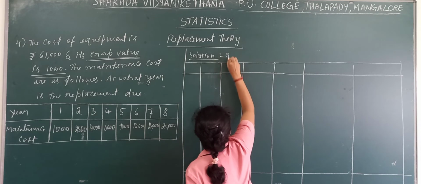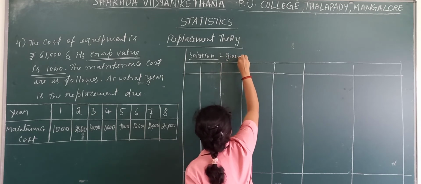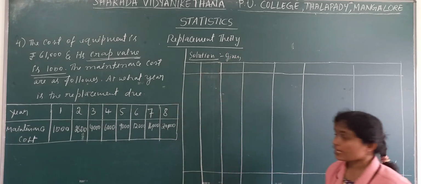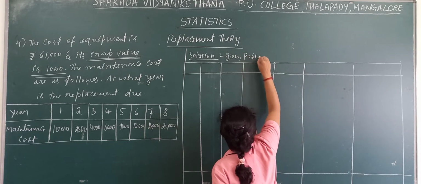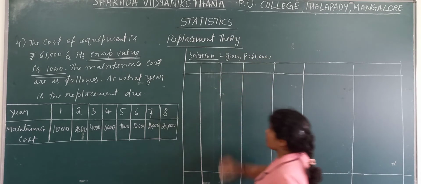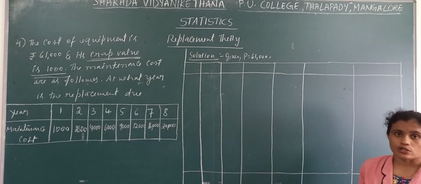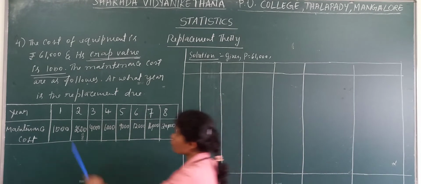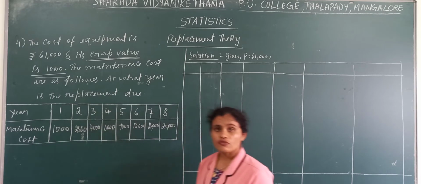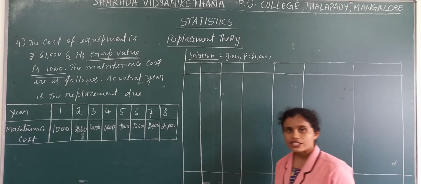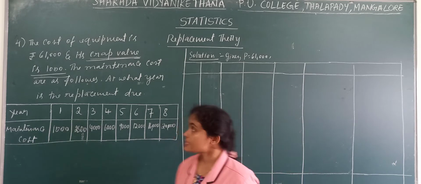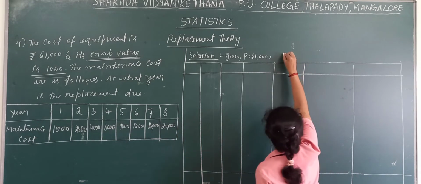The given cost of the machinery is P equal to 61,000. Now, what do we need to find out? We know the value of scrap, that is nothing but SN, the scrap value or resale value. Now we will find out P minus SN.